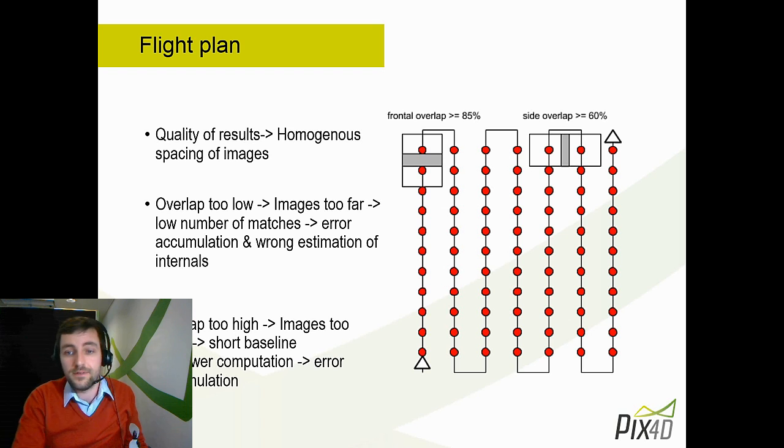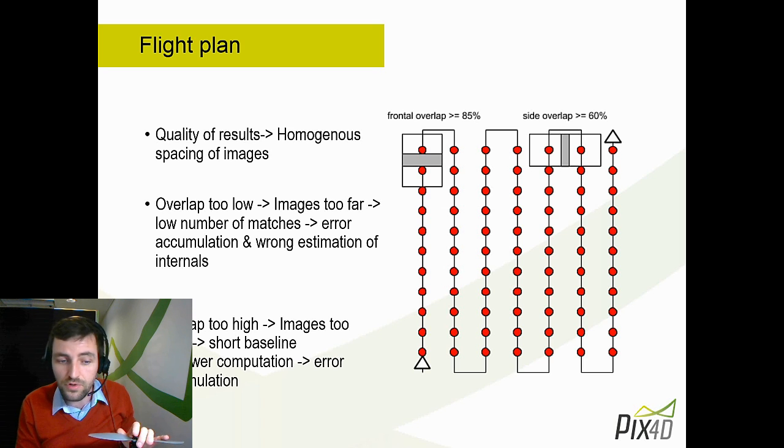However, on the other side, if your overlap is too high and your images are too close, this has an effect which we call the short baseline effect. Short baseline means that if your images are very, very close by, then the 3D cannot be computed accurately, and the error that you produce by having images too close is actually making more error in your project than if you didn't have this image.